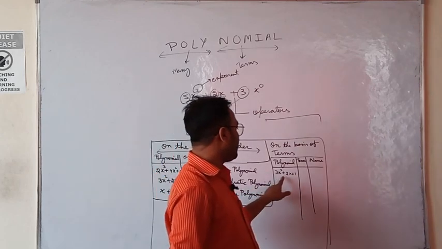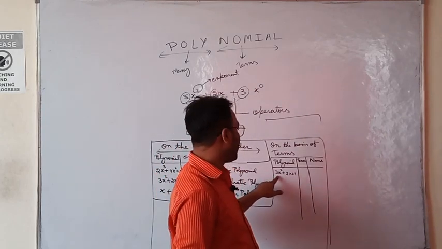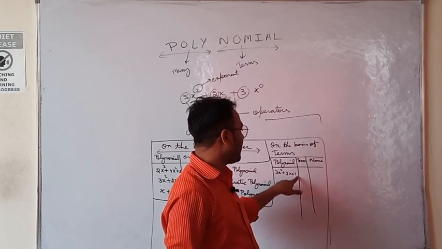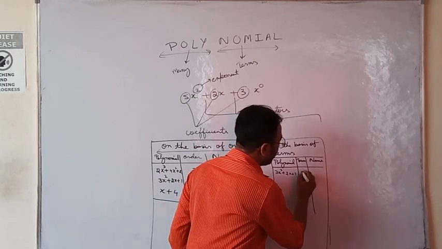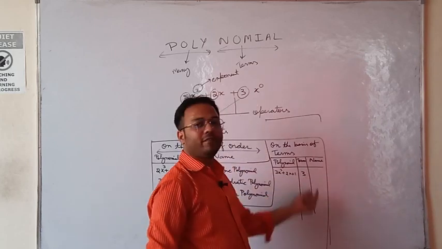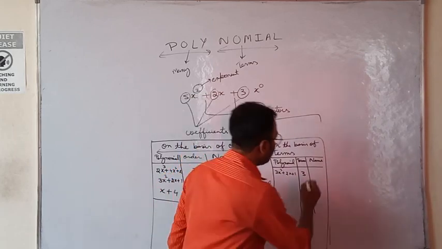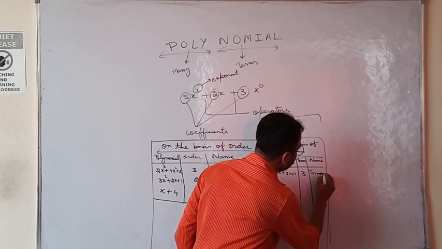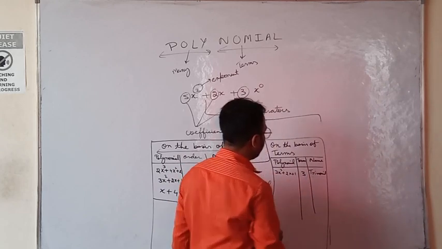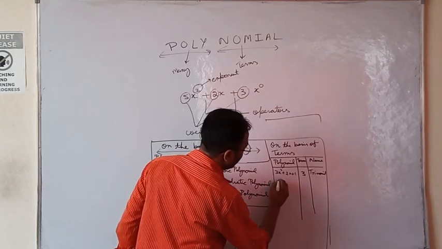So total 1, 2, 3 terms are there. 3x square is one term, 2x is one term, another term is 1. So the number of terms is 3, and the naming will be trinomial.